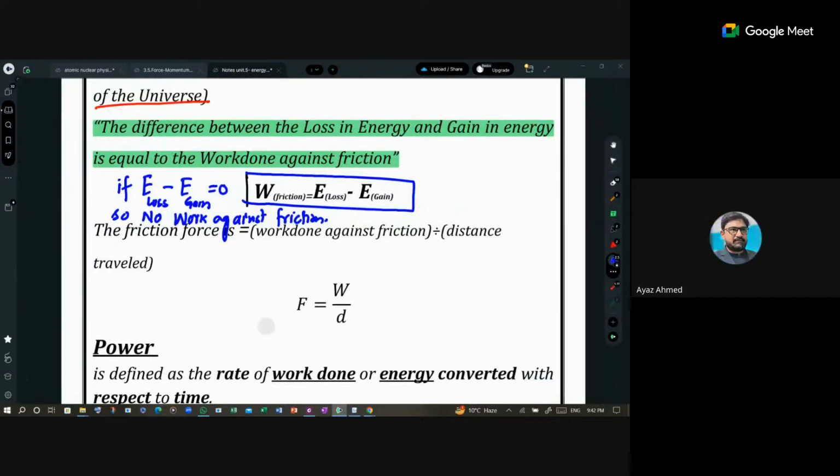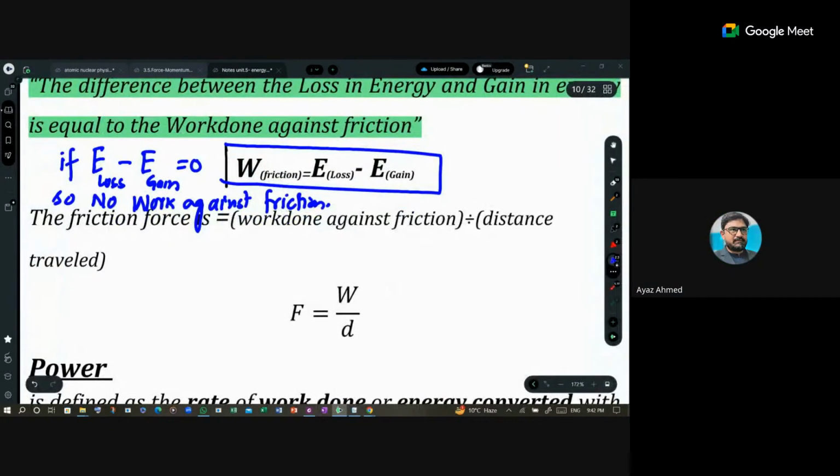Okay. The friction force is the work done against friction divided by the distance traveled by the body.